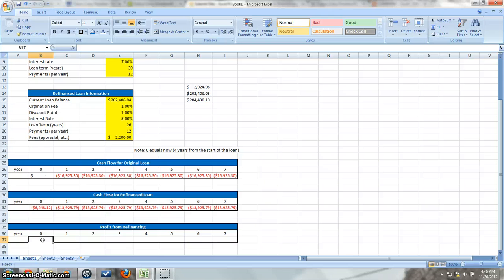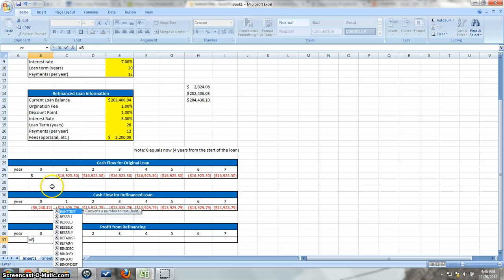In year 0, it's going to equal the cash flow from the original loan minus the cash flow for the refinance loan minus the cash flow for original loan.